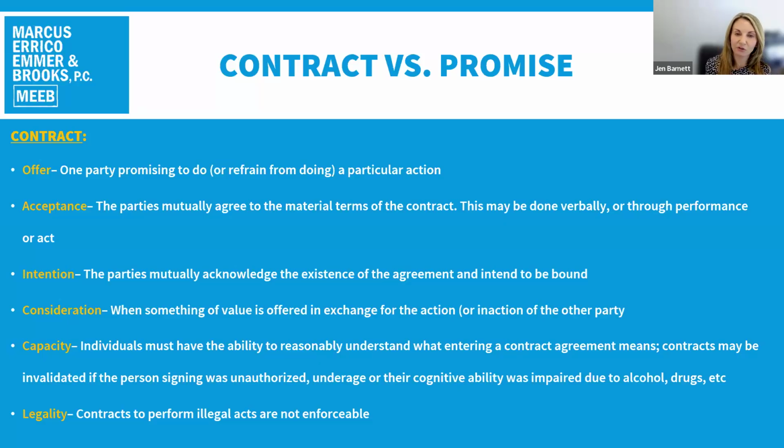So if a board member is no longer on the board and signs a contract, then they don't have the capacity or authority to sign. Also, people under 18 can't sign contracts. If they sign a contract, it can be ratified after they turn 18, but otherwise it might be a way to invalidate a contract.